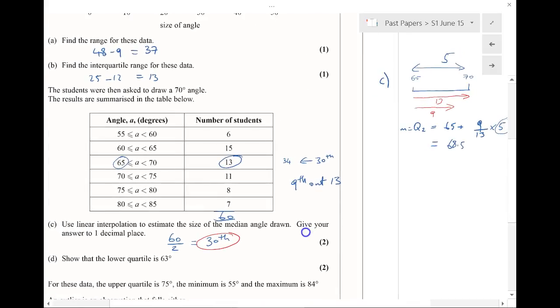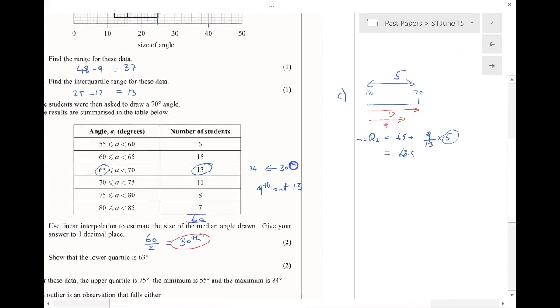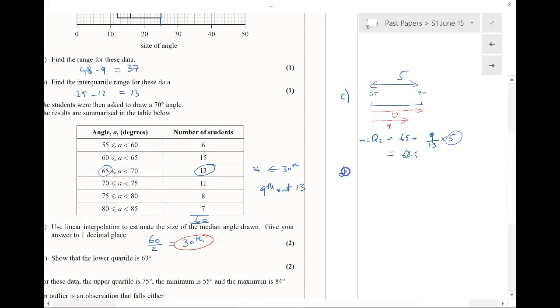Then for part D, they say show that the lower quartile is 63. Not entirely happy with the word in there. It's an estimate, so they really should say show that an estimate for the lower quartile is 63. But they haven't. But it must mean that. It can't mean anything else. So now if we're looking at the lower quartile, we're now doing 60 divided by 4. That's the 15th.